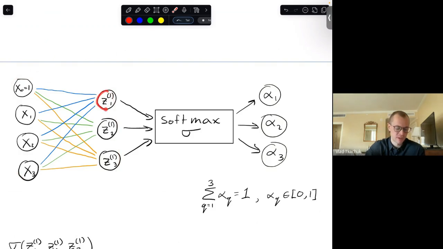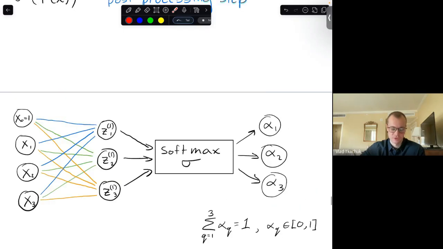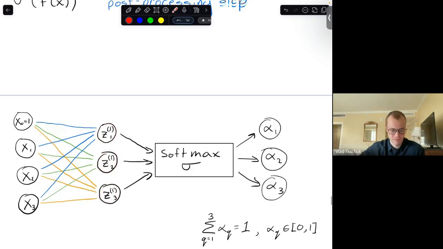And then you can get some real values at the end, which will be your final activations of neurons. And then what you will do is add this final post-processing step, which is the softmax, to ensure that all of these numbers sum to 1 and are themselves values between 0 and 1. Okay, and we'll see this today, and that's why we're mentioning it now. So you should think of this once again as a post-processing step that allows you to map all of your three final values into a probability mass function, something like this.